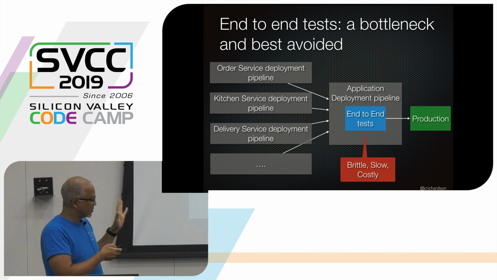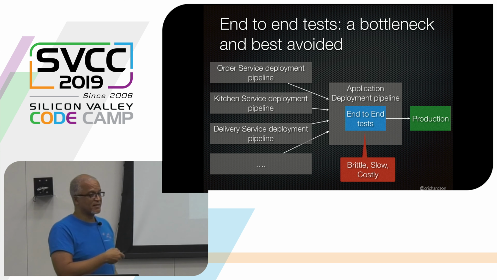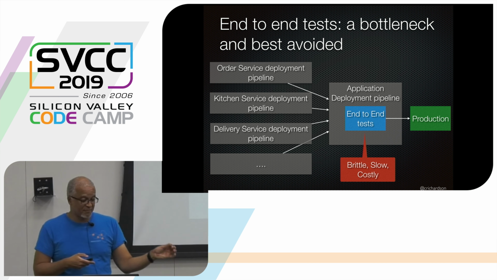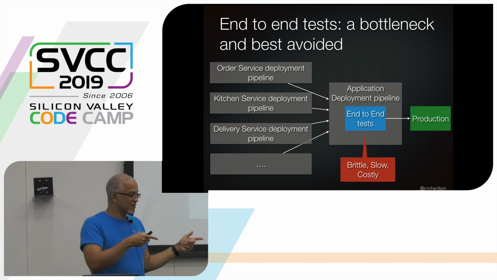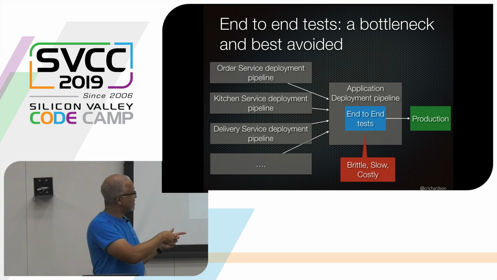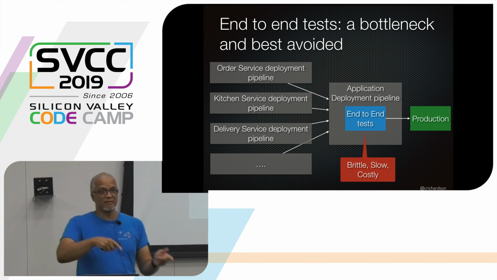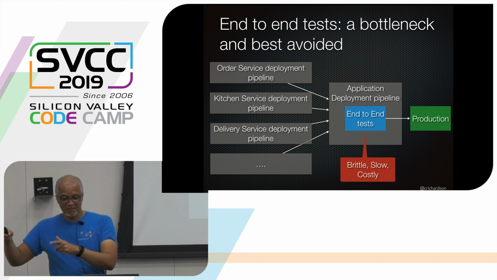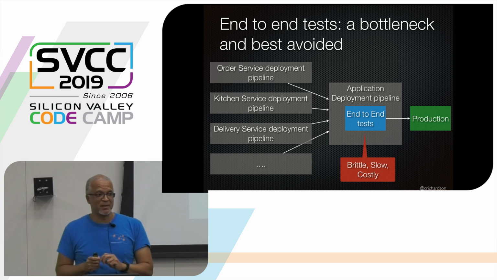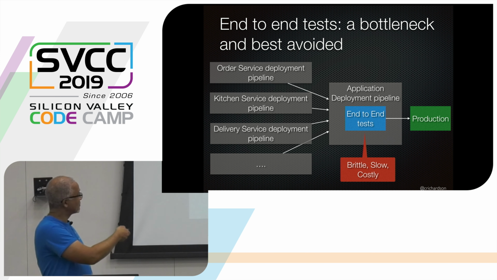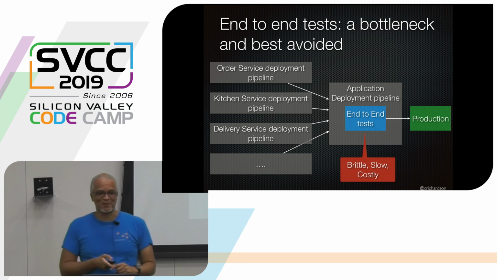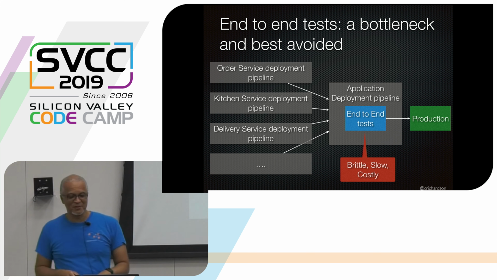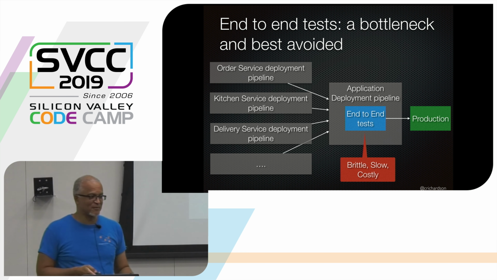But you really want to avoid having long-running end-to-end tests for no other reason than, for example, if there's a bug in production, the longer these tests take to run, the longer it will take to actually fix that bug in production. So if this is taking 5 hours, yeah, you're going to be down for 5 hours, right? Unless you bypass it all completely, which is sort of self-defeating, right?